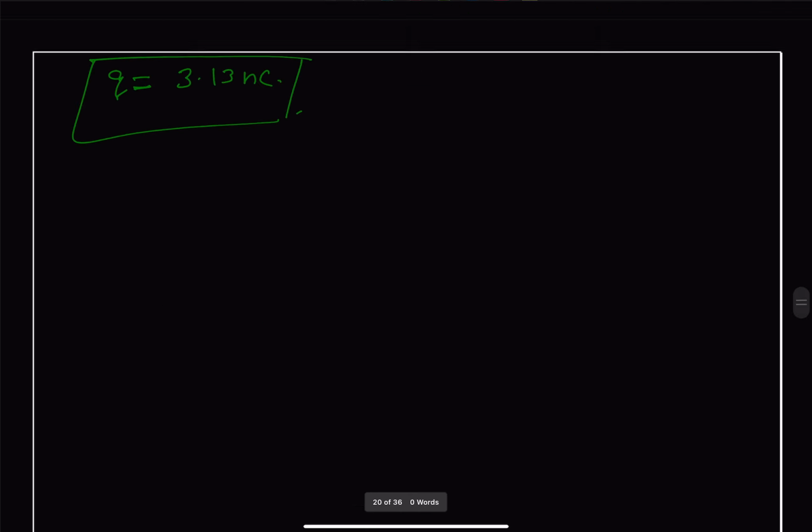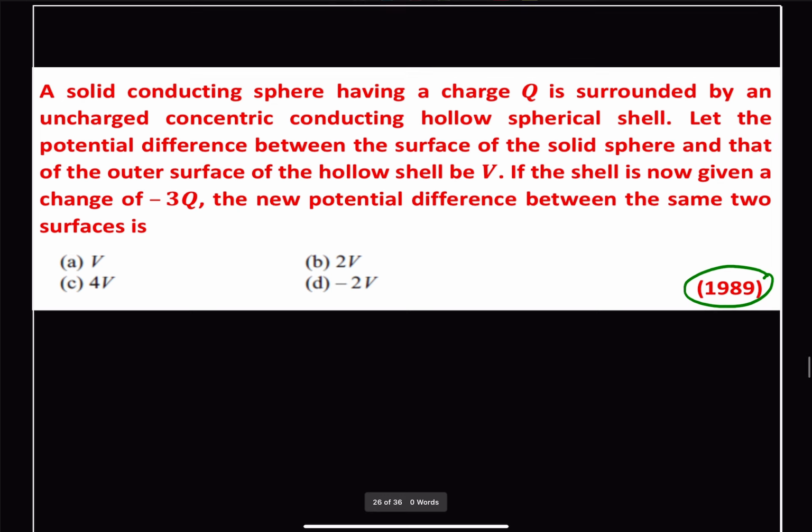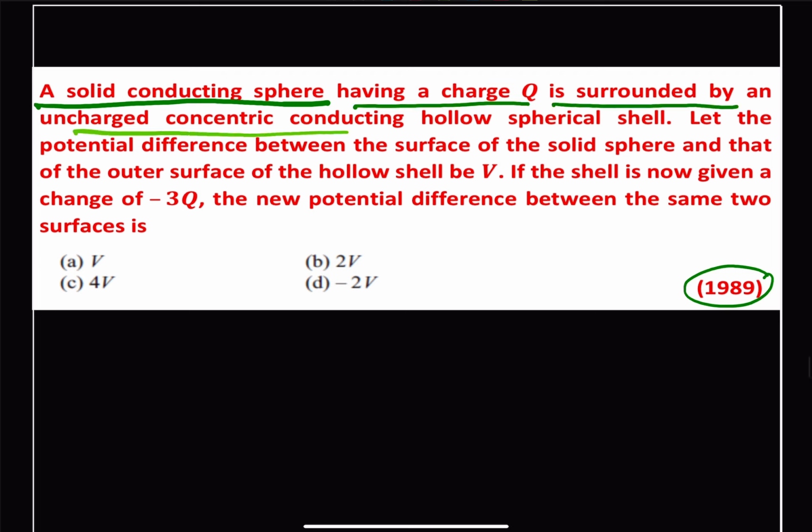Next question, and it states that it was asked in 1989, and it states that we have a solid conducting sphere having a charge Q surrounded by an uncharged concentric conducting hollow spherical shell.